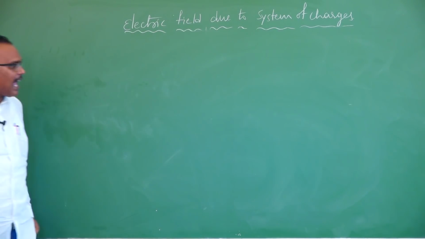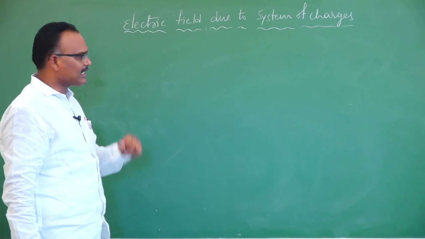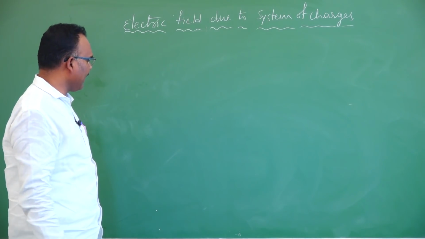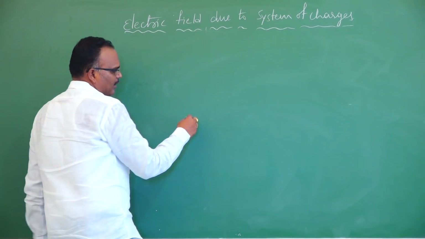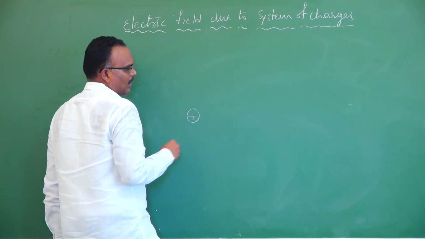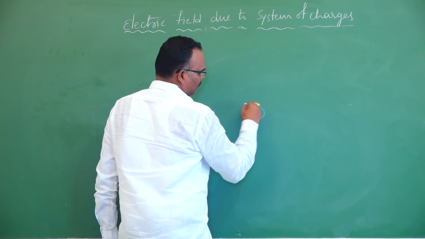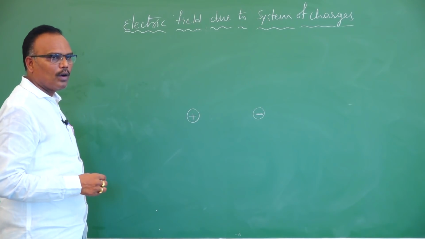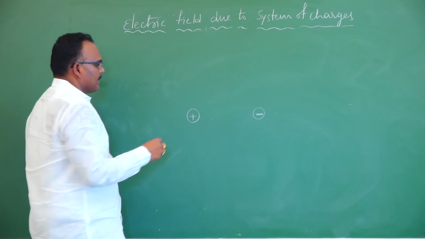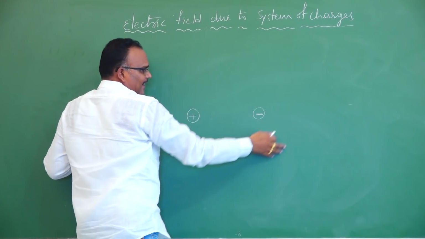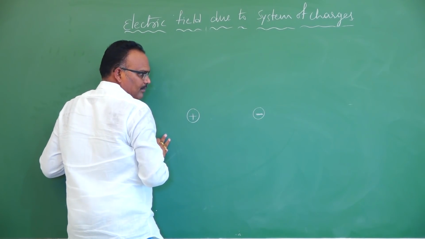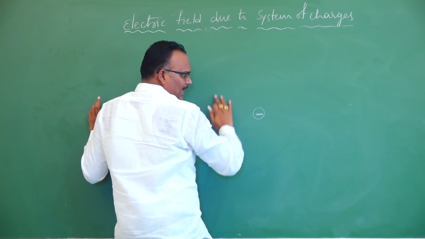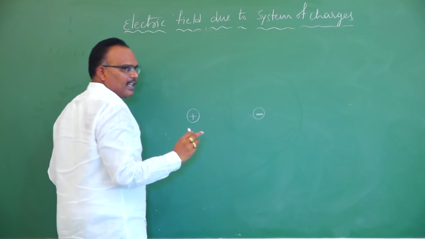Okay, electric field lines for two system of charges. For example, we will see one positive charge and another negative charge. See, this charge develops electric field around it. This charge also develops an electric field around it.